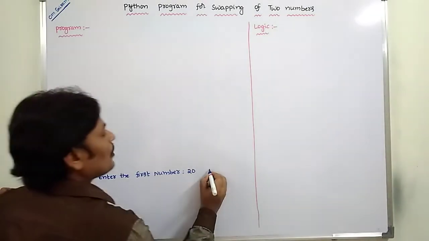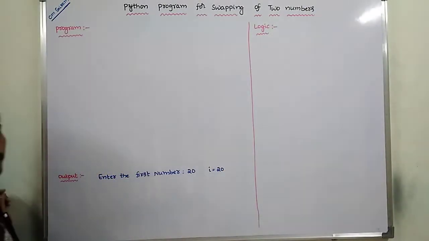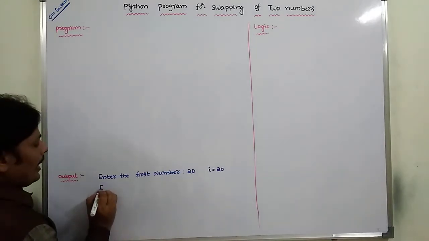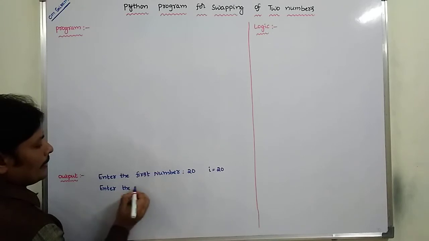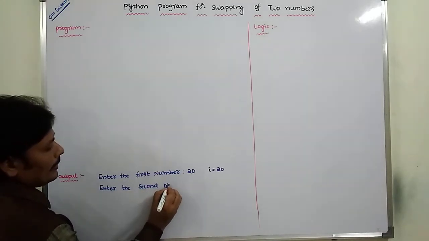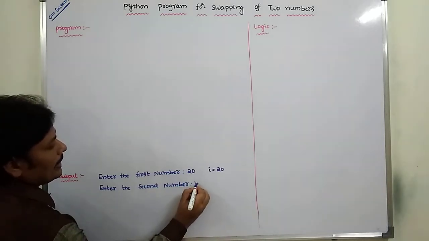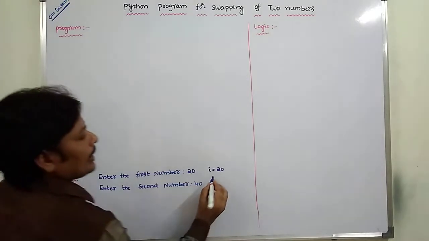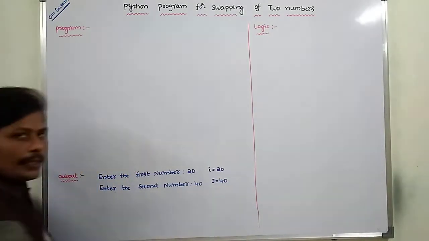This 20 value is assigned to the variable I. Next, enter the second number. That is 40. This 40 value is assigned to variable J.